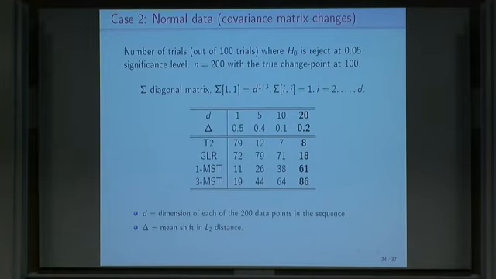And also the one based on the generalized likelihood ratio test, it also decreases pretty quickly because of the number of parameters it needs to estimate. And we see here that in this simulation, at dimension 20, the two graph-based tests outperform the two based on the normal theory dramatically, I feel.